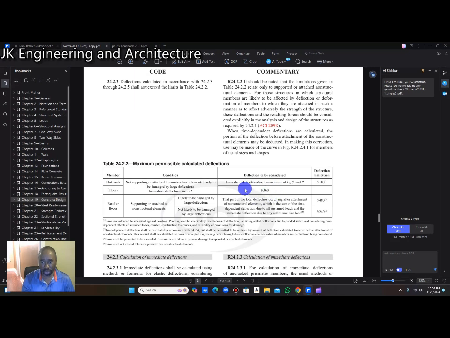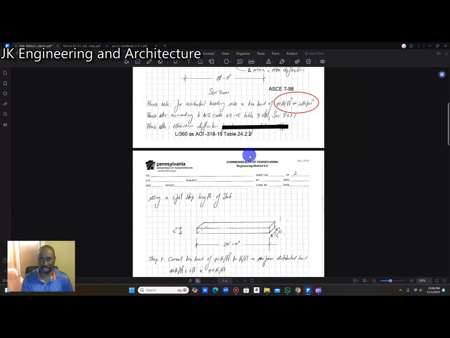So we're going to use L over 360 for our allowable deflection for this slab. All right. So we can go back to the calculation now. So this is where we get the L over 360 as per ACI 318-19 table 24.2.2.